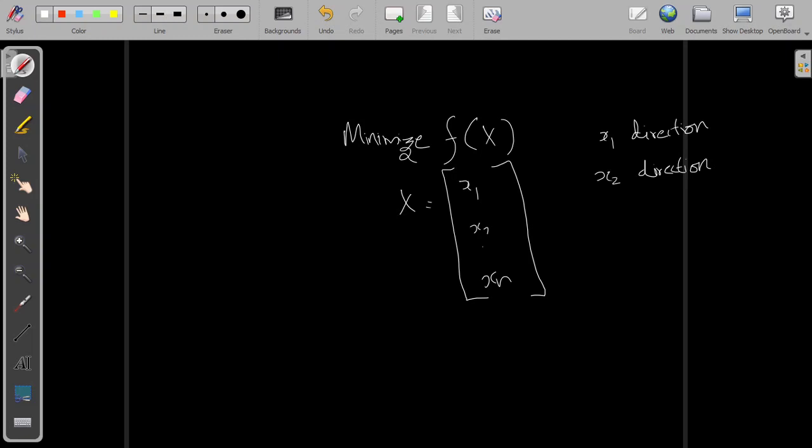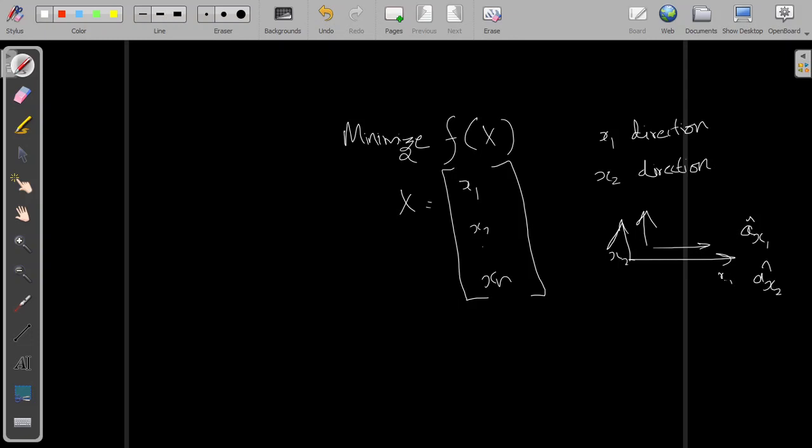This is similar to your vector algebra, something like the x1 x2 plane. In the x1 x2 plane, we have two directions, one parallel to the x1 axis and another parallel to the x2 axis, that means unit vector ax1 and unit vector ax2.